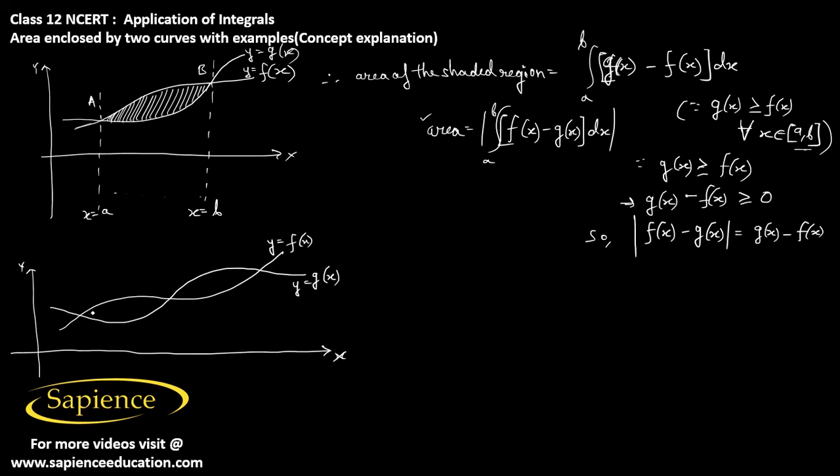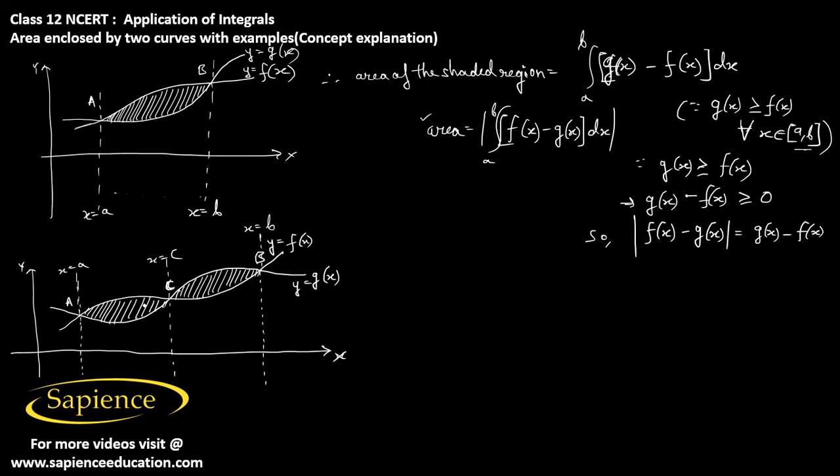Then suppose these two curves are intersecting at 3 points a, b and c. So they intersect on the straight line x equals a, x equals c, and they will also intersect on the straight line x equals b. So here we need to find the area of this region and the area of this region.